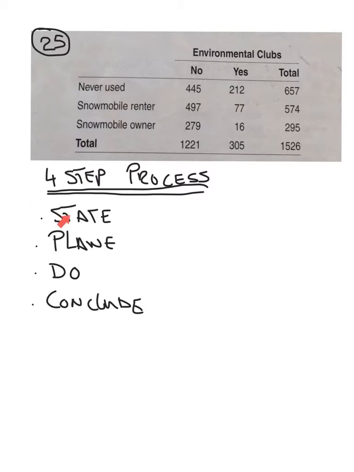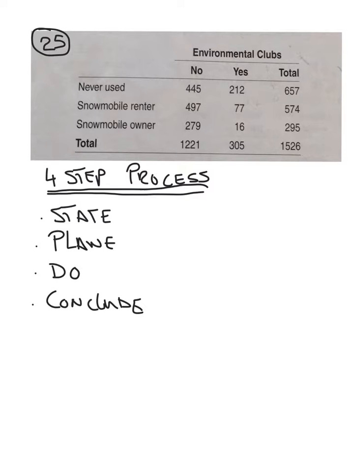State is basically, these questions can be kind of wordy, and we want to just boil it down to a simple statement of what are we trying to find out. So the state here would be, we want to see, is there an association between snowmobile use and membership of an environmental group. Now, the plan, not plane.